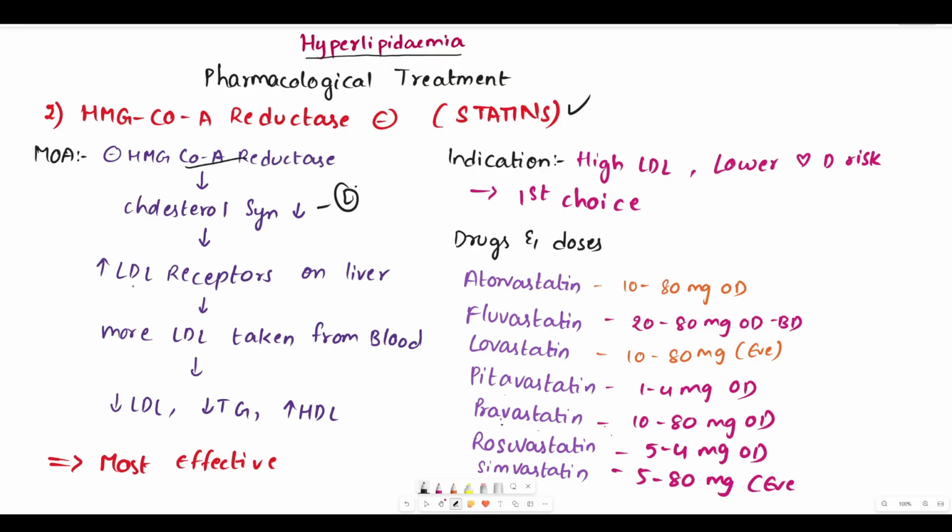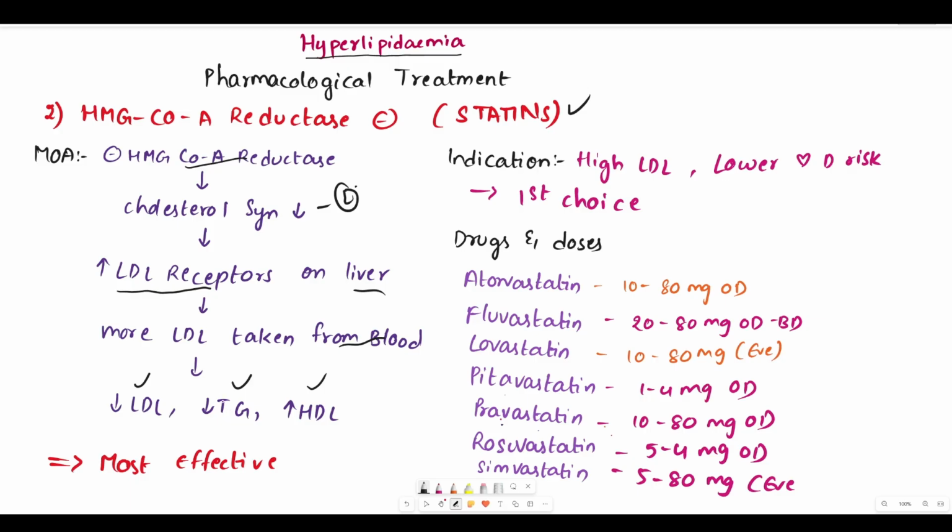When this happens, the LDL receptors increase on the liver cells, and more LDL will be taken out of the blood. That leads to a reduction in the LDL, a reduction in the triglycerides, and an increase in the HDL levels. HDL is the good cholesterol, so it is increased, while LDL and triglycerides, which are the bad cholesterol, are reduced.